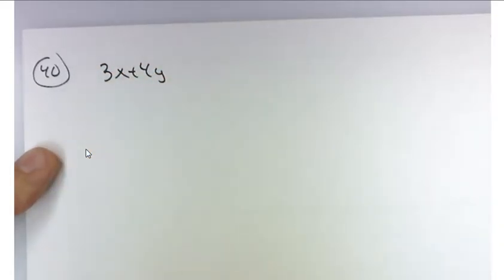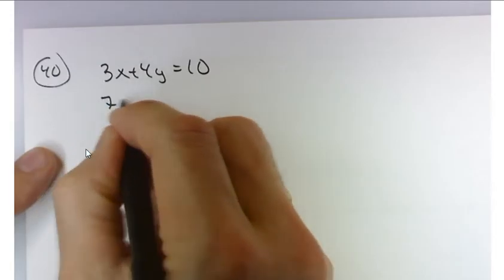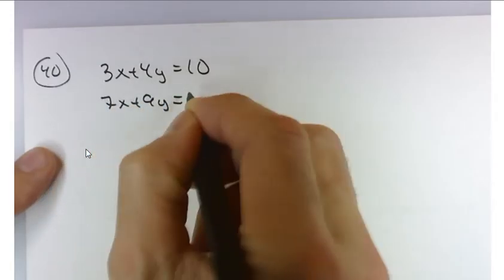So let's talk about problem number 40 for the moment. Problem number 40 looks like this. 3x plus 4y equals 10. And then 7x plus 9y equals 20.